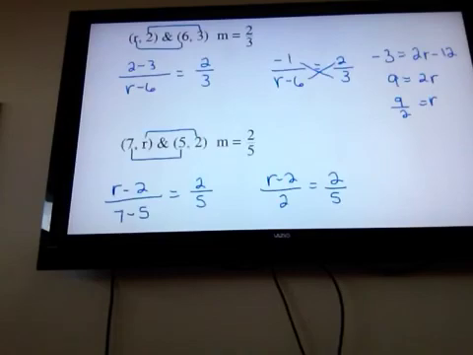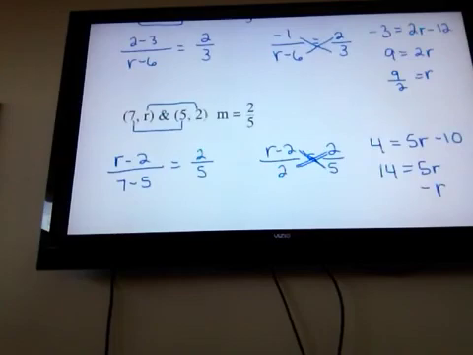And I cross multiply. 2 times 2 is 4, equals 5 times the quantity r minus 2, 5r minus 10. Solve for r, add 10 to both sides, 5r equals 14. r equals 14/5, or 2.8 is fine.